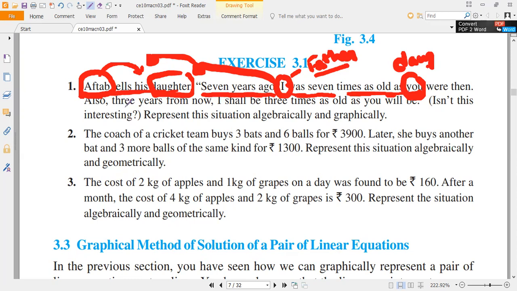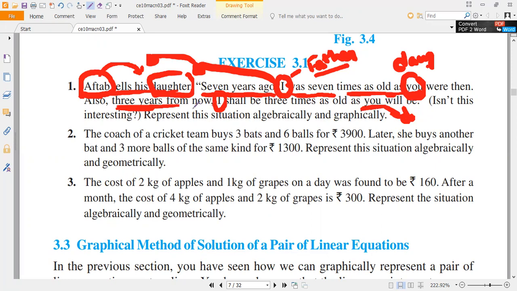Next line, 3 years from now means after 3 years. After 3 years, I shall be 3 times as old as you. I means the father, and you means the daughter.